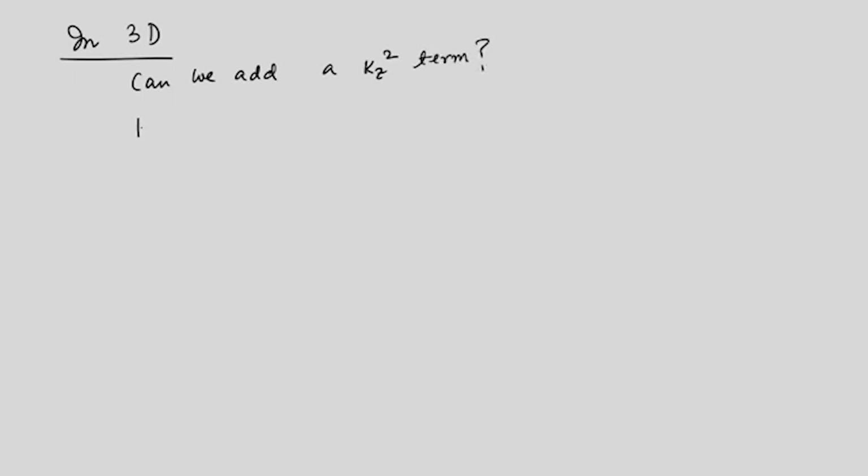Okay. So that your m0k becomes m minus b (kx square plus ky square plus kz square).